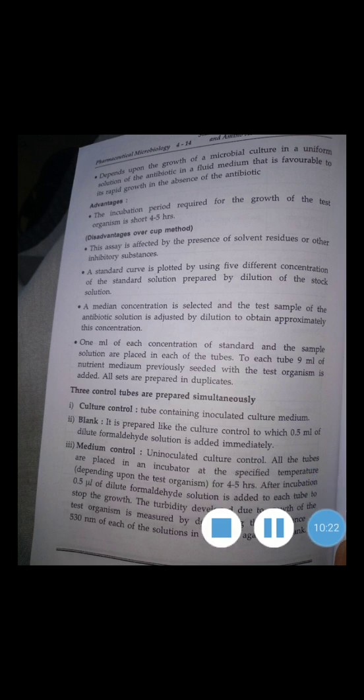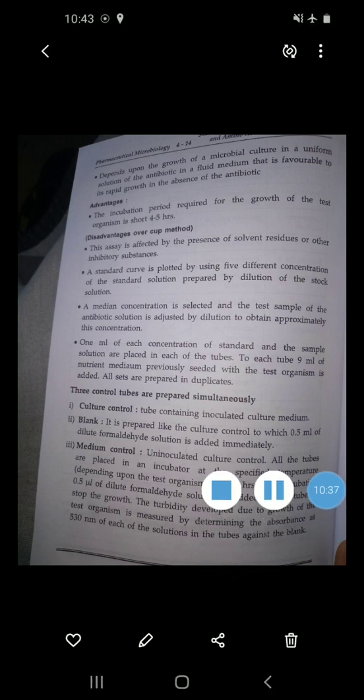Next, the dose response, in terms of the inhibition zone to the concentration of the antibiotic, is linear over a small range of concentration. The chances of microorganisms getting killed during inoculation are very rare in the turbidimetry assay. Then, it can be performed in test tubes and also in micro titer plates.